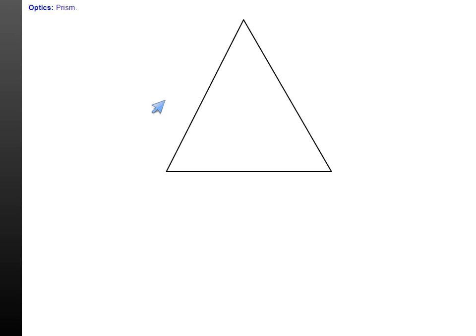Friends, in this meeting we will study the refraction through the prism. So consider the prism ABC as shown in the figure.